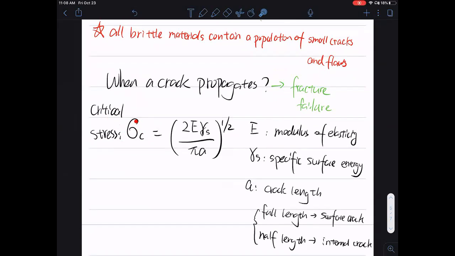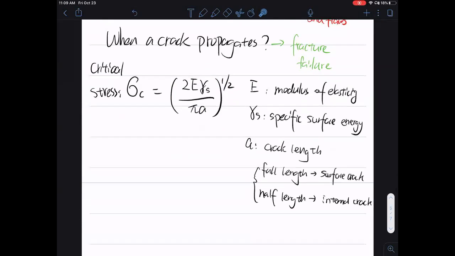So that's the equation, sigma c, that's a critical stress, equals 2 times E, that's Young's modulus of the material. This gamma S, it's a specific surface energy. And divided by pi times A, remember A is the length of the surface crack. It's half the length of the internal crack. And take the square root, that would tell us what is sigma c, which is a critical stress.